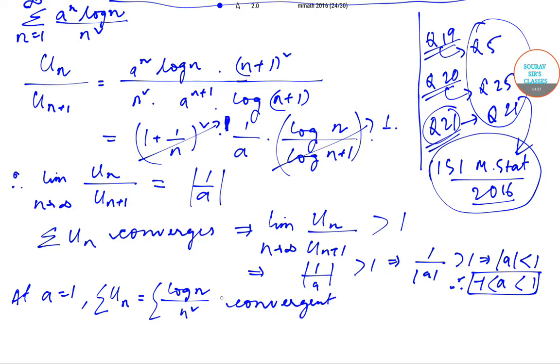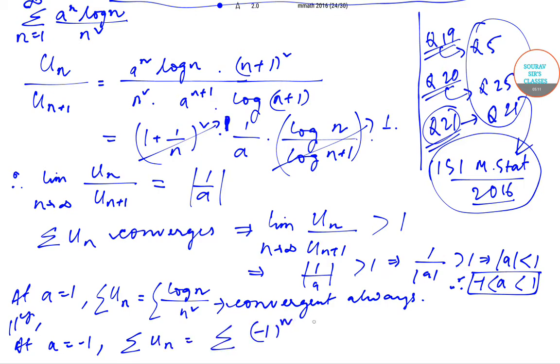Similarly, at a equal to minus 1, summation of u n will be given by summation of minus 1 to the power n log of n upon n square. This is also convergent always.